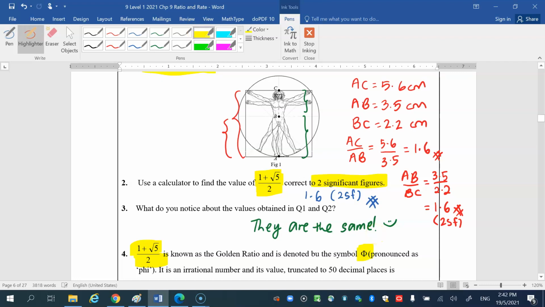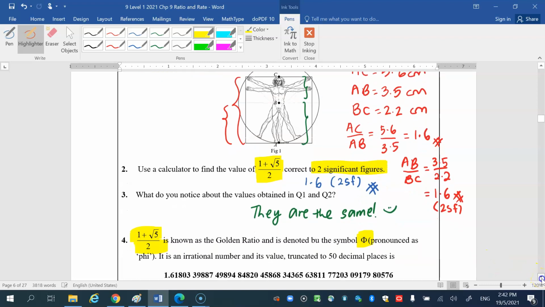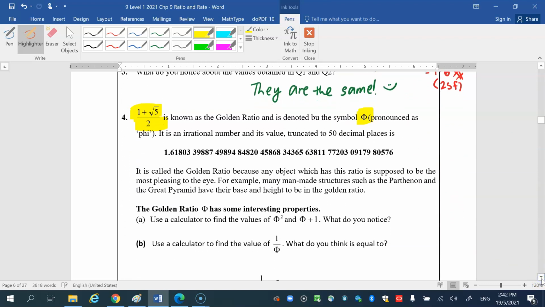It's an irrational number, just like pi, and truncated to 50 decimal places, is this long number over here given in your notes. Now, this golden ratio, as I mentioned before, can be found in a lot of places around us, like in nature, in architecture, etc. And supposedly, this is supposed to be the most pleasing to the eye.